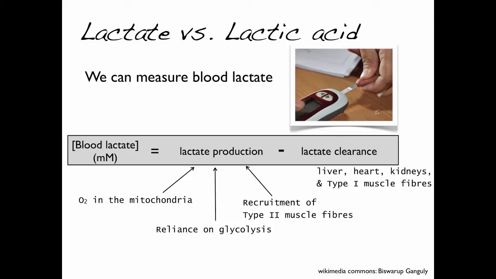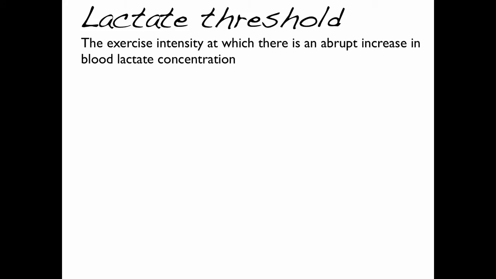So now that we've established that blood lactate concentration is determined by how much lactate is being produced by the skeletal muscle and how much is being cleared by other tissues, we can now look at the lactate threshold. And we'll define it as the exercise intensity at which there's an abrupt increase in blood lactate concentration.